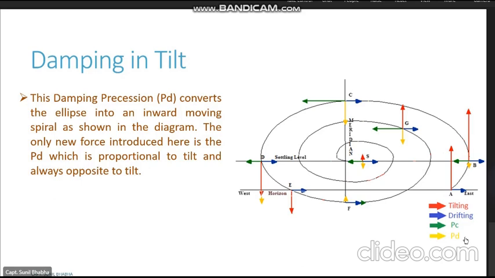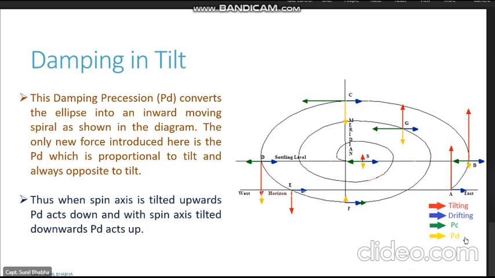And we know that the damping precession is proportional to tilt and it is always opposite to the direction in which it is tilted. If the spin axis is tilted upwards, the damping precession is down, and if the spin axis is tilted downwards, the damping precession is up.